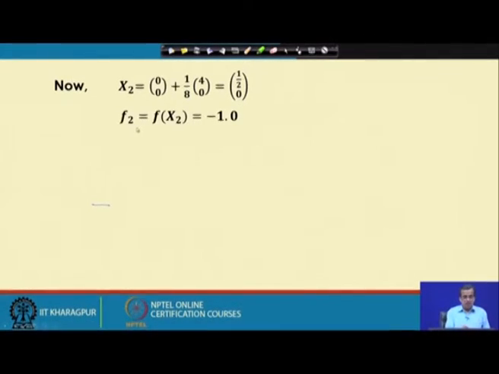Now, f 2 is f of capital X 2, and if I substitute the values of small x 1 and small x 2, I will get the function value minus 1.0. Now, we try to find the gradient of the function at capital X 2.